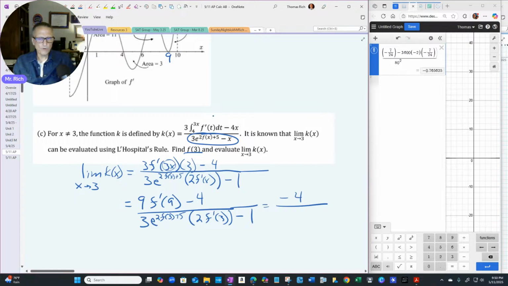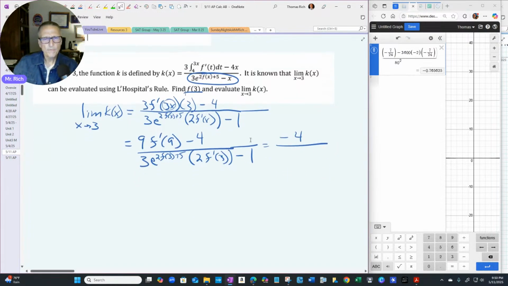Because if you were using L'Hopital's rule, you would have had to have 0 there when x is 3. So if you were to take that limit, what we know is that the limit of 3e to the 2 f of x plus 5 minus x, the limit as x approaches 3, had to be equal to 0. I think that's how we were finding f of 3.